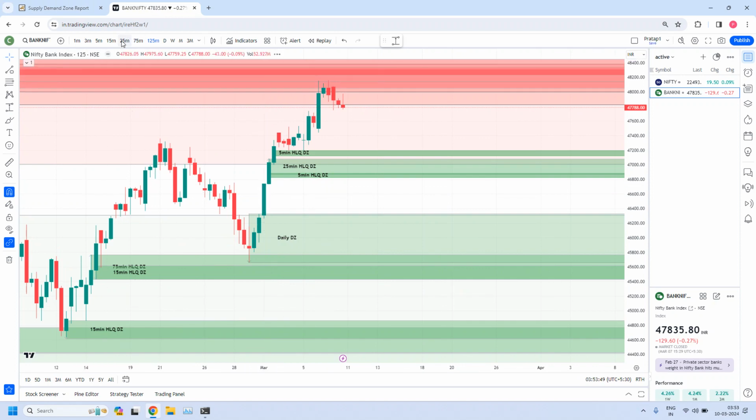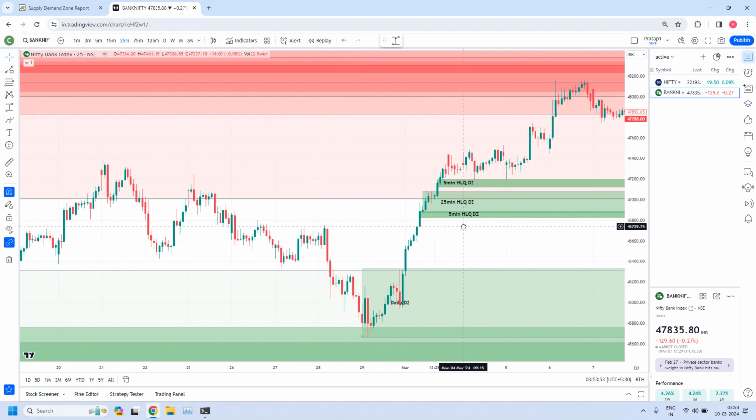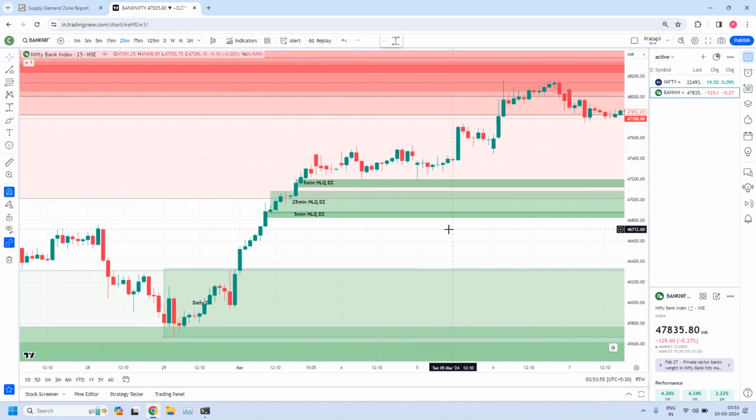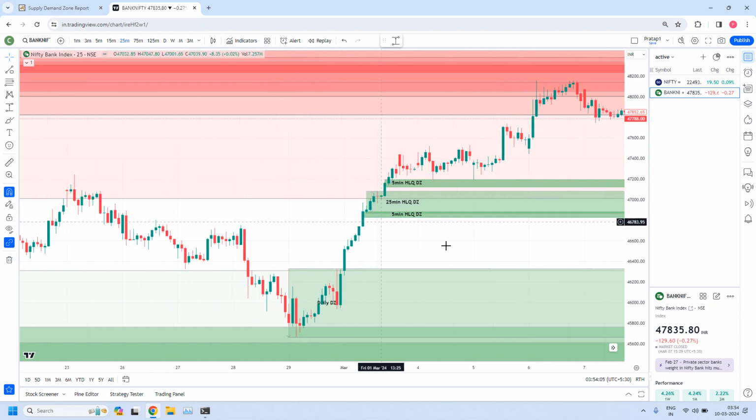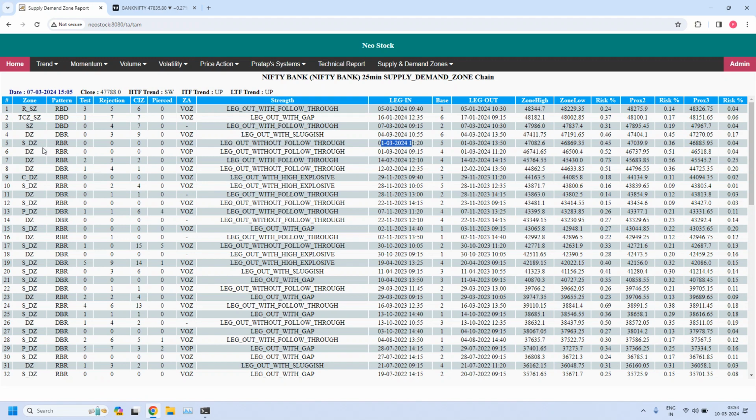Let me change the time frame to 25 minutes. This is the one we have already drawn. During last week's analysis, we drew this zone. So no changes during this week. That means during this week no 25 minutes high liquidity zones are created.